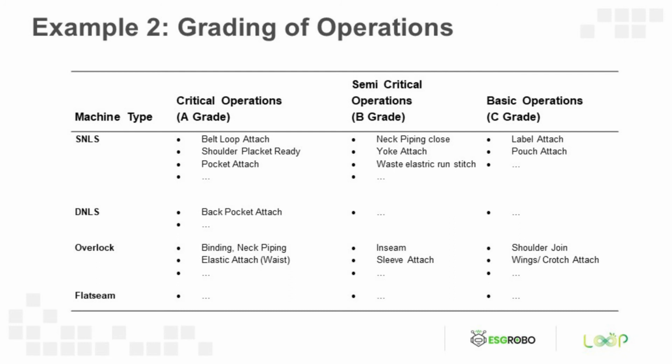For SNLS, the critical operations are these, the semi-critical operations are these, and the basic operations are these. And they can be called A grade, B grade, and C grade. For each of them, a minimum proficiency level can be defined, so that if you cross this proficiency level, you could be considered skilled in this particular operation.